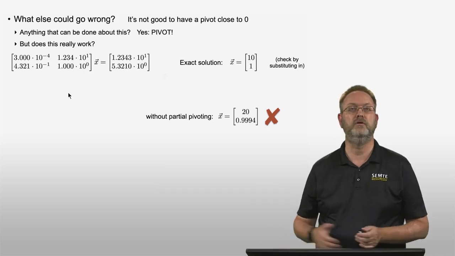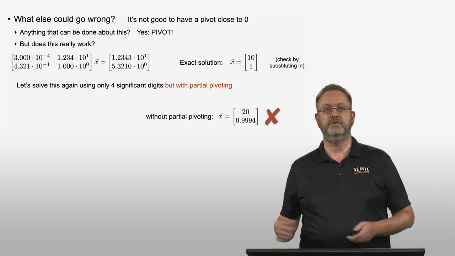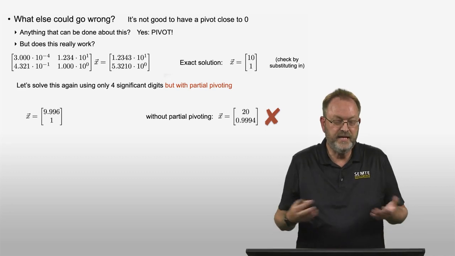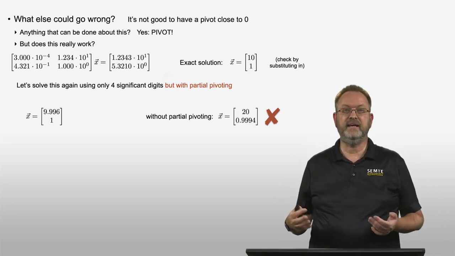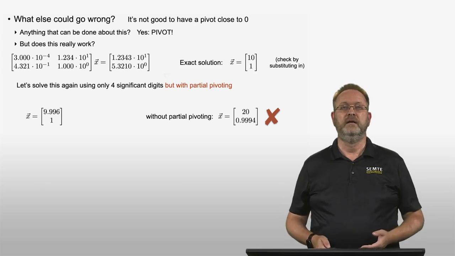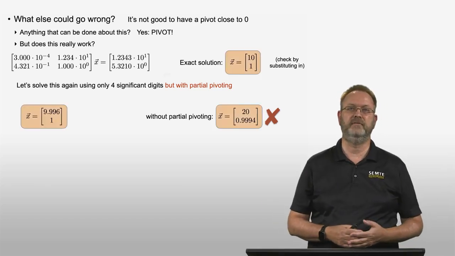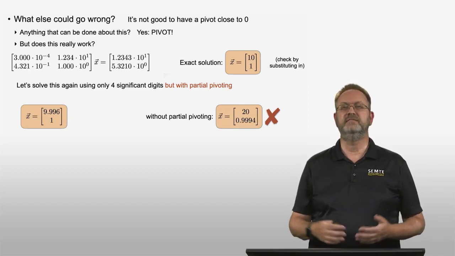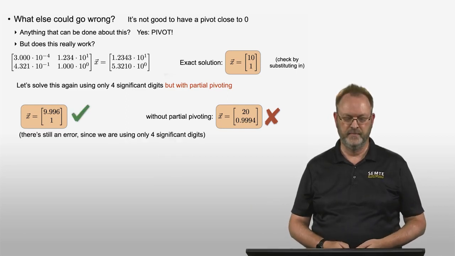So we would do a row exchange in this example. Let's do this row exchange and again use 4 significant digits. And then the result that we will get is 9.996 and 1. If you compare these results without partial pivoting and with partial pivoting, you'll agree that the result with partial pivoting is significantly better and closer to the exact answer.